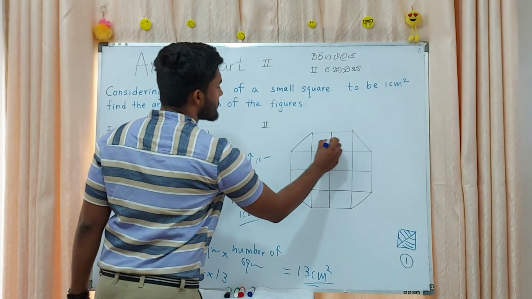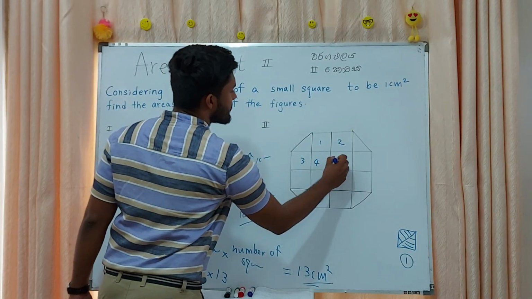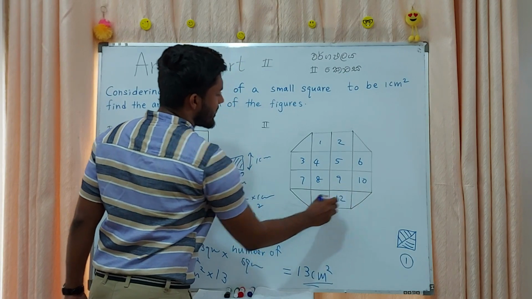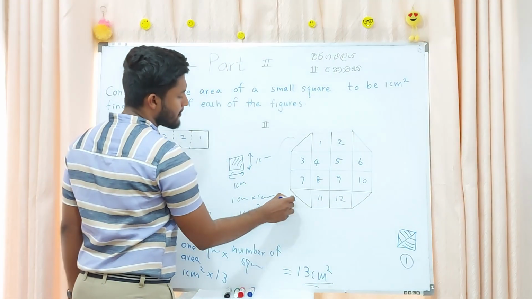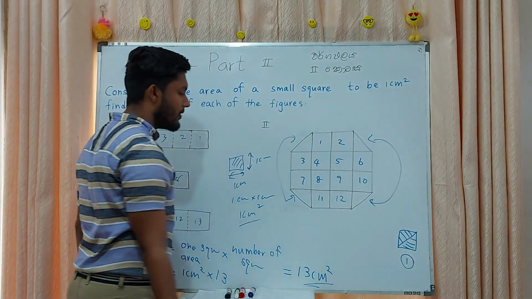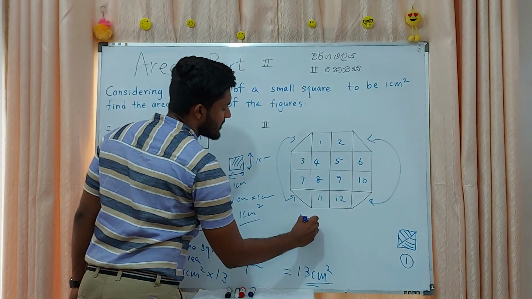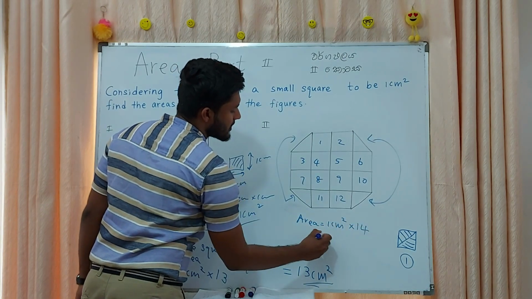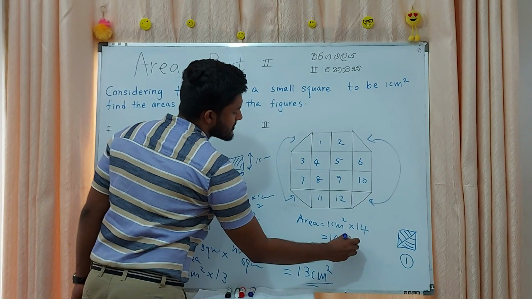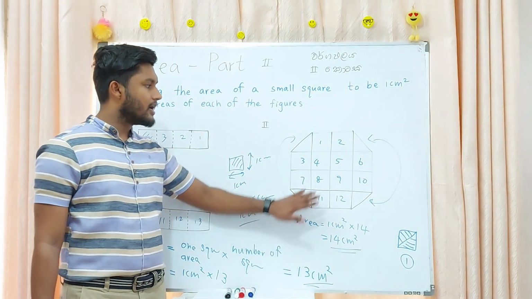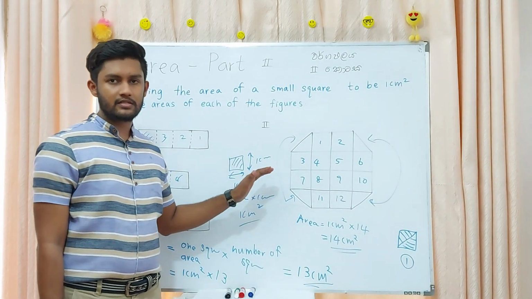Then how many squares? 1, 2, 3, 4, 5, 6, 7, 8, 9, 10, 11, 12. And these two make 13, these two 14. Then area equals 1 centimeter squared into 14, 14 centimeter squared. Likewise, we can calculate the area by considering the number of squares.